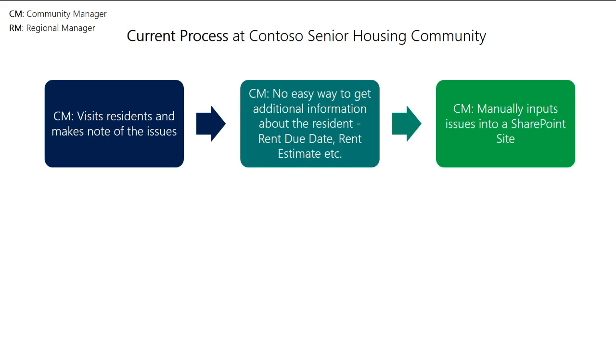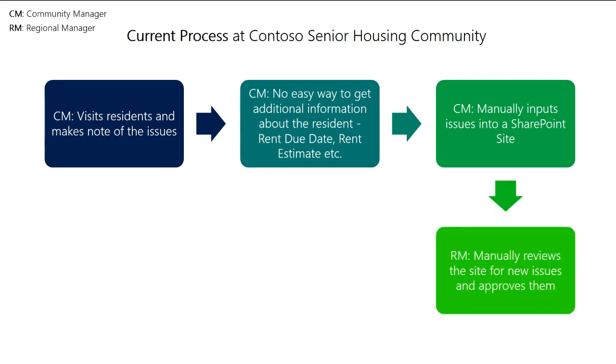Then once he makes a note of all the issues and concerns, the community manager then comes back to his office potentially and manually has to enter these issues into a SharePoint site. Once it's input into the SharePoint site, then the regional manager on a regular basis goes and reviews the SharePoint site for any new issues that have been input, and then approves them or denies them appropriately.